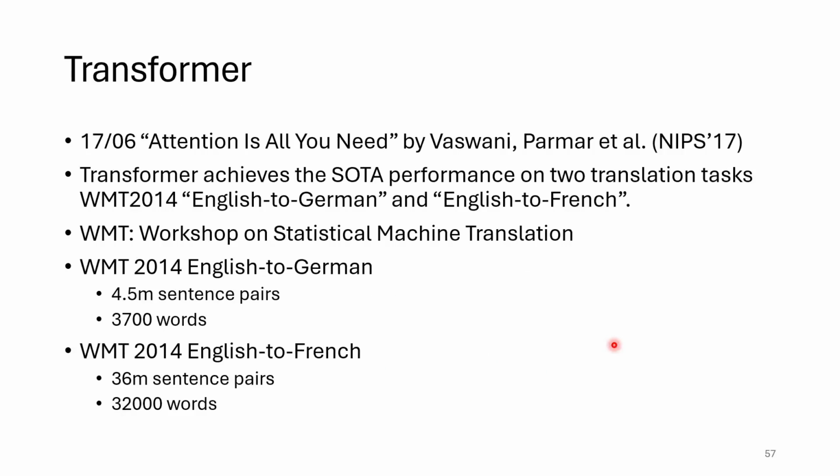So after 2017, it is the emergence of the transformer. In the beginning, the transformer was a method designed for natural language processing. It was the winner of that year's English-to-German and German-to-English translation competition.